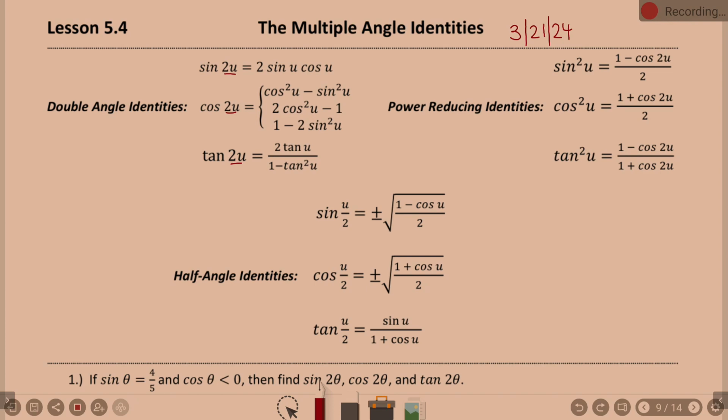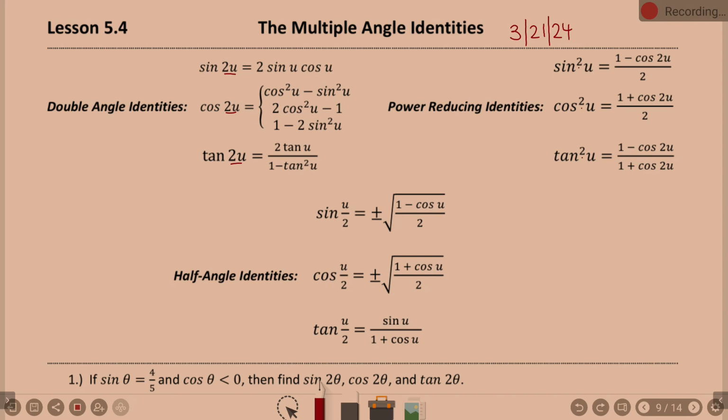Double angle identities are double angle because there's a 2 in with the variable. They give us a way to find the sine, cosine, and tangent of 2u using just regular sine, cosine, and tangent.